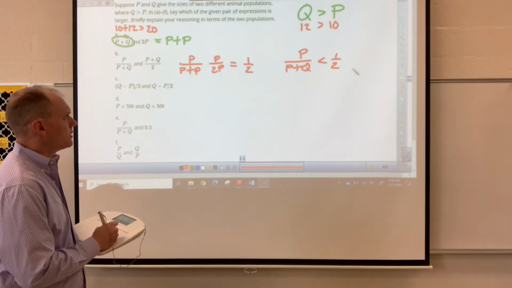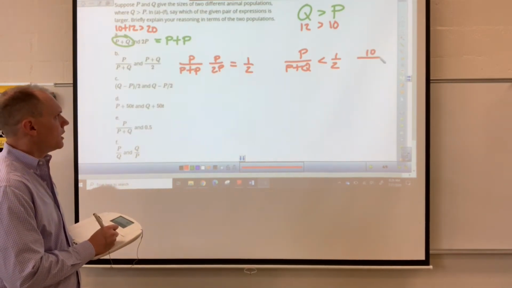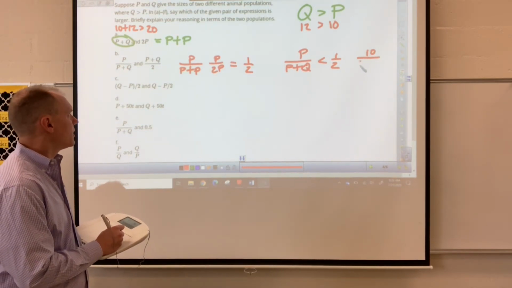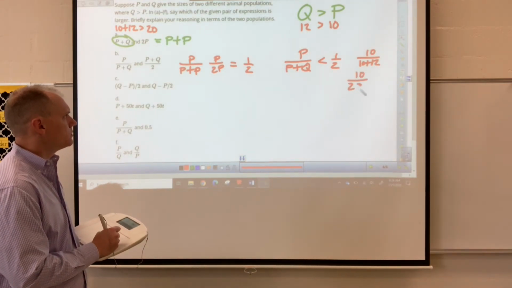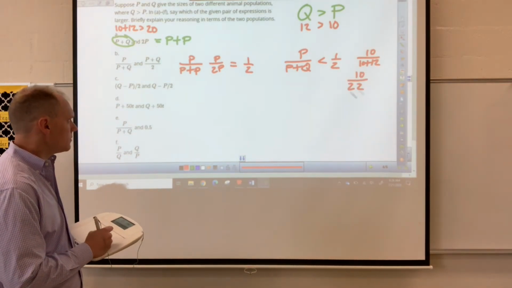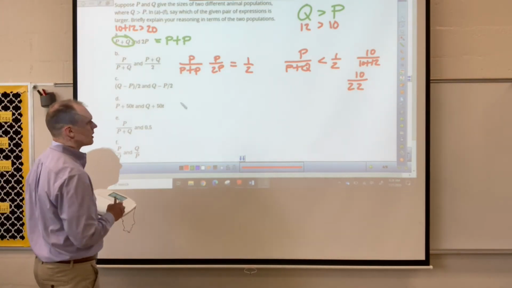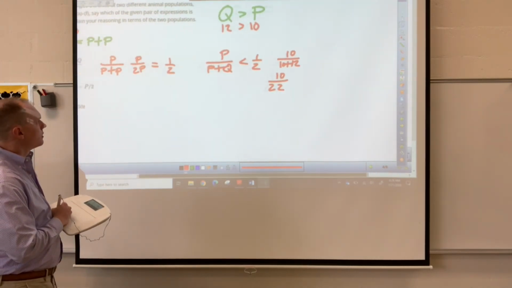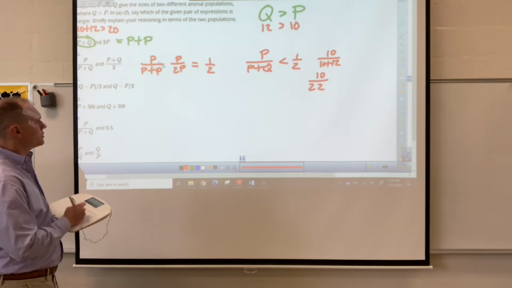If p is 10 and q is 12, that would be 10 divided by 10 plus 12, which would be 10 divided by 22. And then we're going to compare it to p plus q over 2. So p plus q over 2 is, let's see, 10 plus 12 is 22, over 2 is 11.